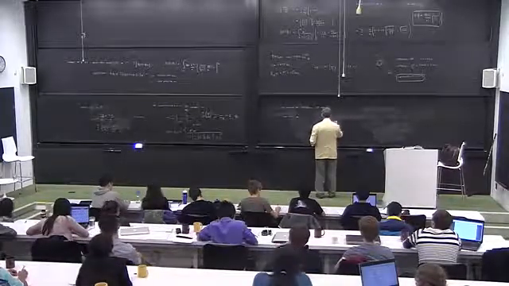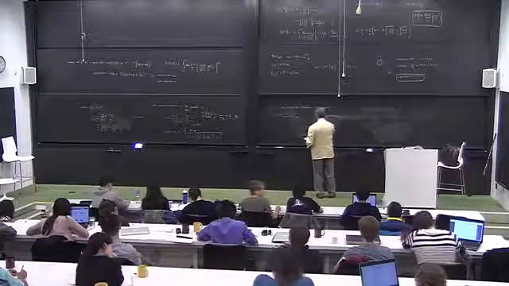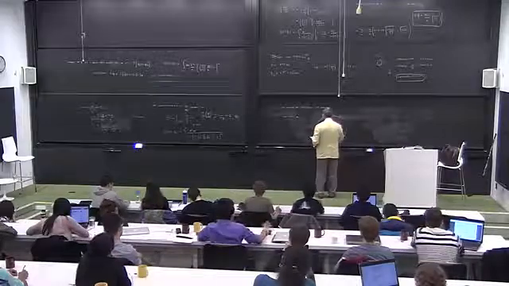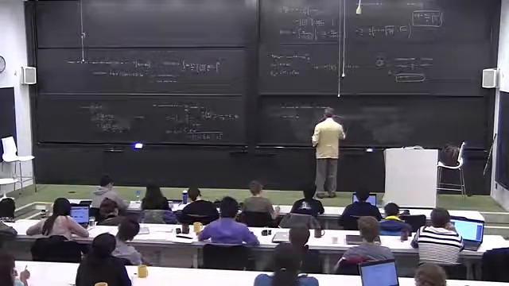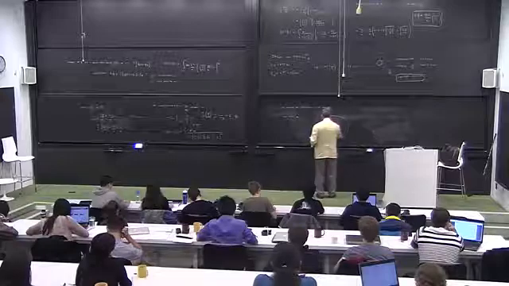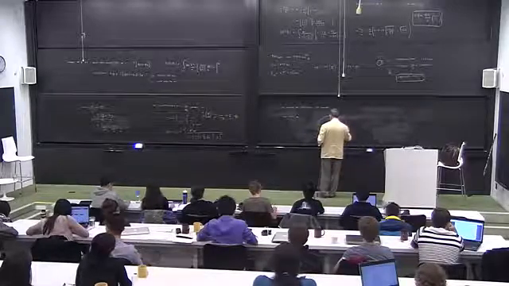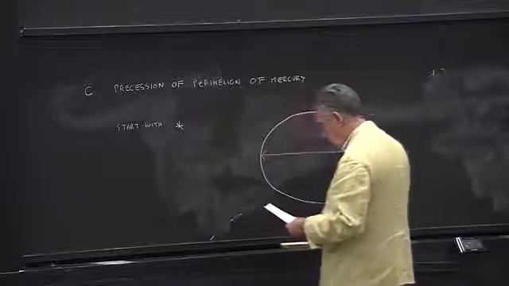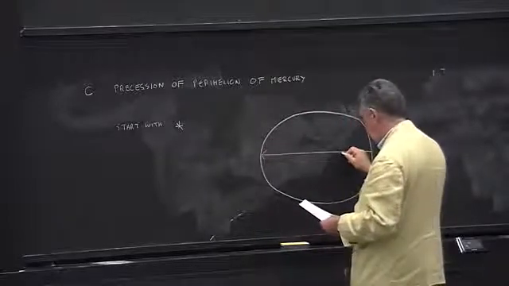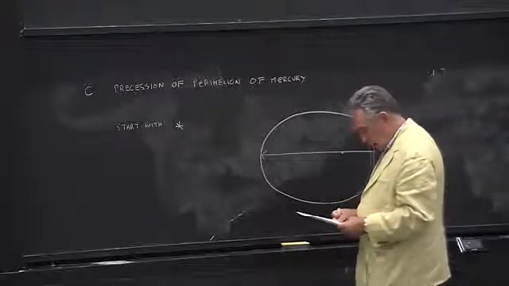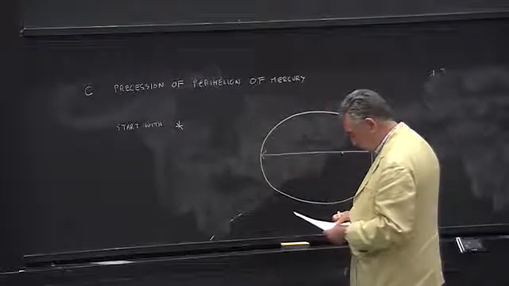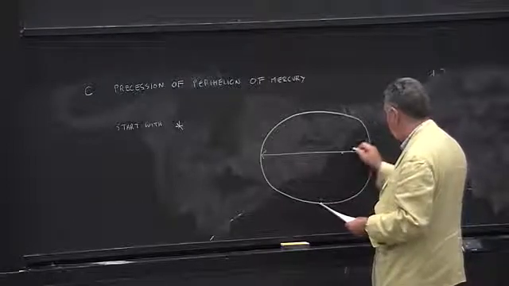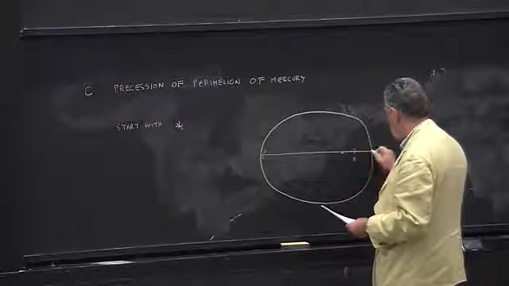We've got the orbit of a planet, according to Kepler's laws, is an ellipse with the sun at the focus. The perihelion is the points where r reaches its minimum and maximum, perihelia and aphelia. So this is the perihelion.